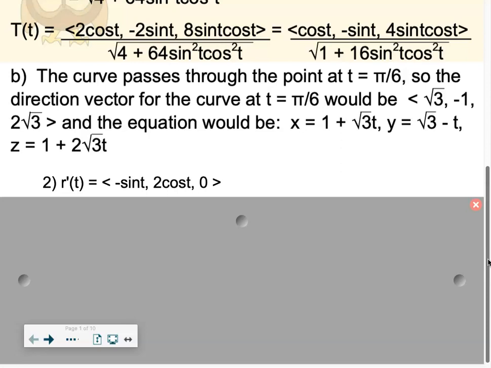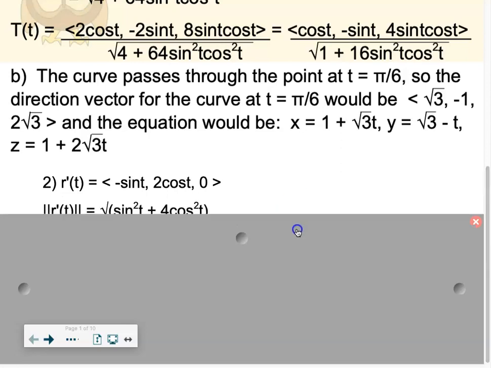The derivative of negative sine is negative cosine. The derivative of 2 cosine is negative 2 sine. Both are negative, so I'd make a negative. But anyway, that's what I would do. So I would flip them and change the signs.